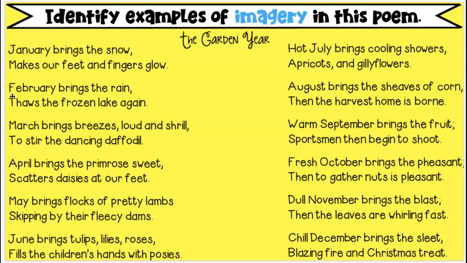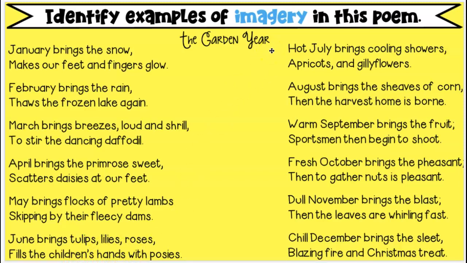January brings the snow, makes our feet and fingers glow. February brings the rain, thaws the frozen lake again. March brings breezes, loud and shrill, to stir the dancing daffodil. April brings the primrose sweet, scatters daisies at our feet. May brings flocks of pretty lambs, skipping by their fleecy dams. June brings tulips, lilies, roses, fills the children's hands with posies.